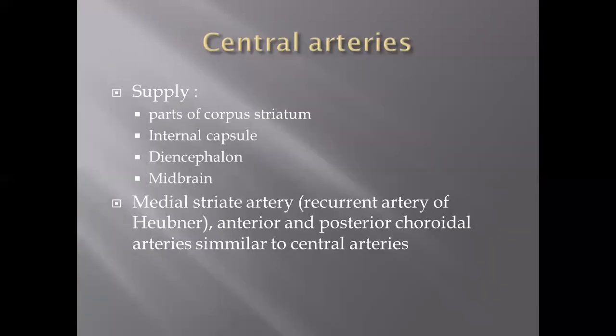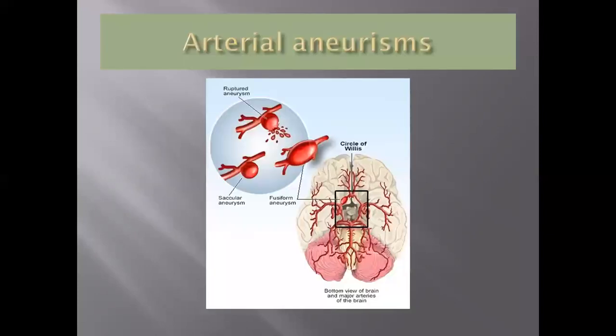They supply the core of the encephalon, which is basically part of the diencephalon, as well as some of the telencephalic structures of the basal ganglia, which I mentioned, the recurrent artery of Heubner, which is going to perforate the region of the anterior perforated substance.